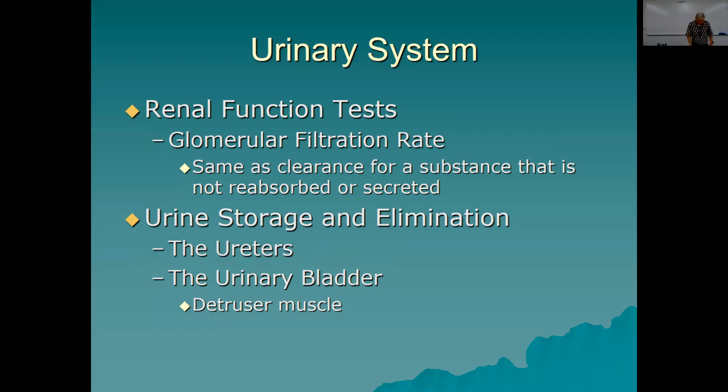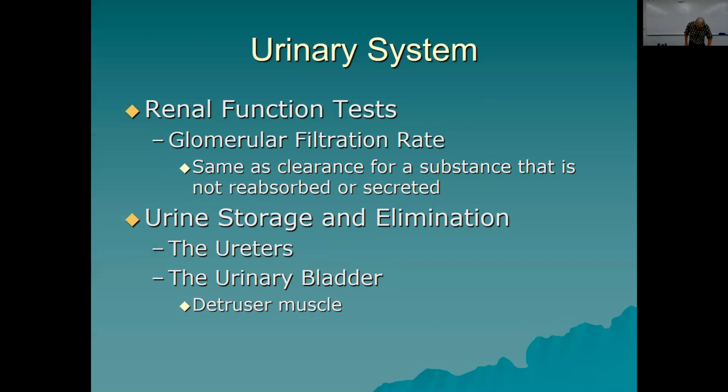If the clearance of a substance is higher than 125, then it is secreted, because the amount in the urine is greater than it was in the blood. If, however, the clearance of the substance is below 125, then it was reabsorbed.